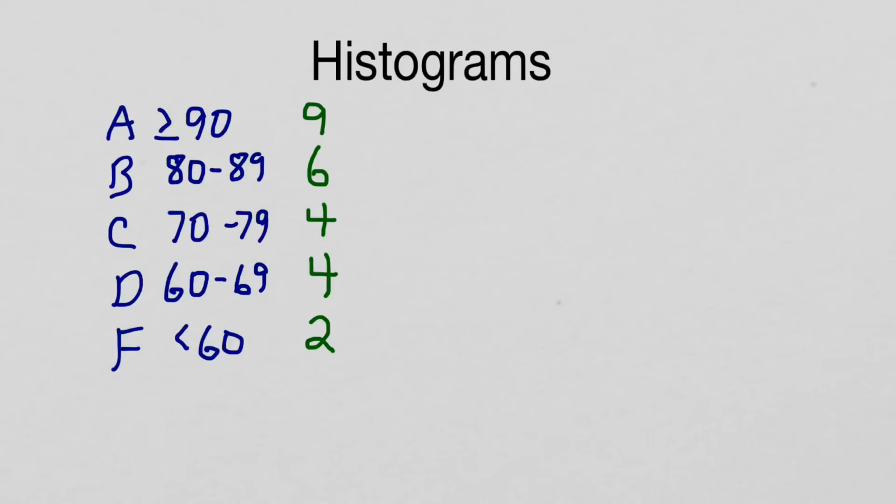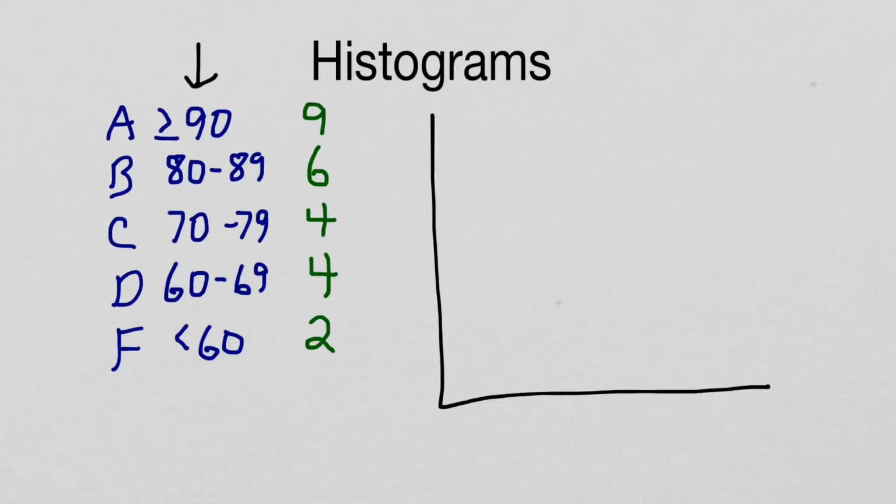Building the histogram, I could put these ranges down here. I could put the ranges number-wise, or with these off to the side, you can put numbers or the letters. I'll just put the numbers: greater than or equal to 90, 80 to 89, 70 to 79, 60 to 69, and finally less than 60.